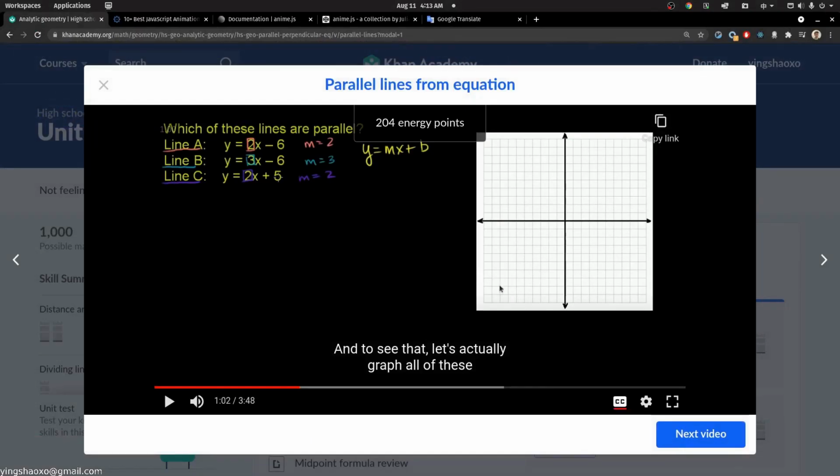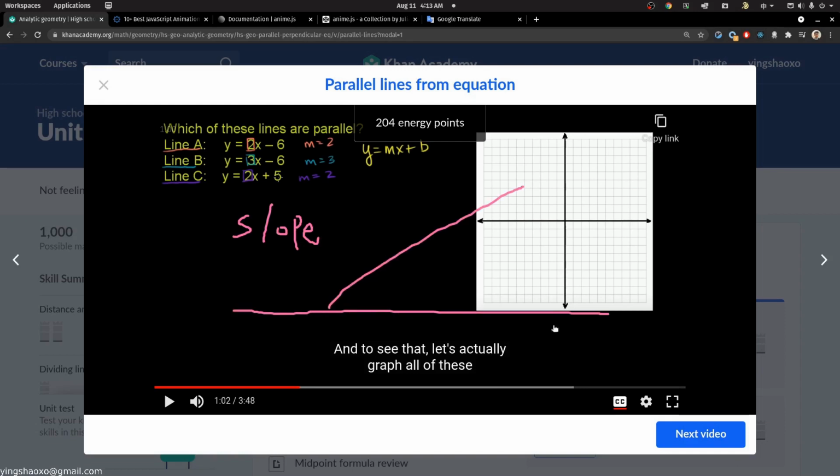Here's a word that you have heard about, called slope. So what is that? It's a property that belongs to a line, and it measures how much angle it would have if you intersect it with the x-axis.